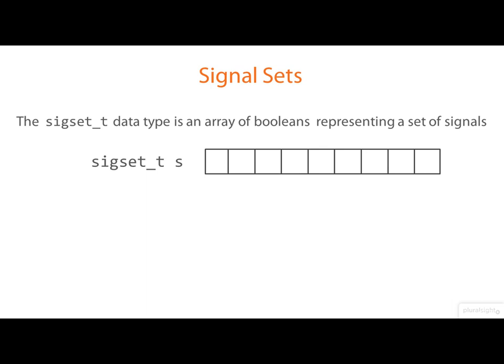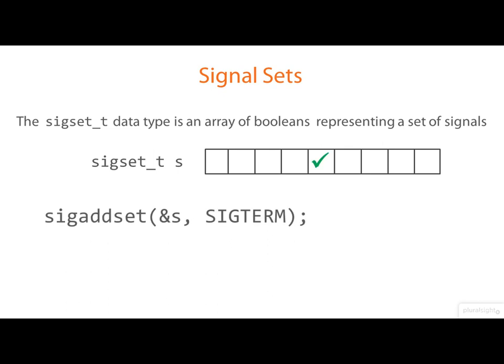Now, what are these signal sets all about? Well, a signal set is basically an array of bits hidden behind a bunch of macros. Each bit represents one signal type. There is a typedef for this, it's sigset_t. Usually you will initialize one of these by calling sigemptyset, which will clear all the bits.